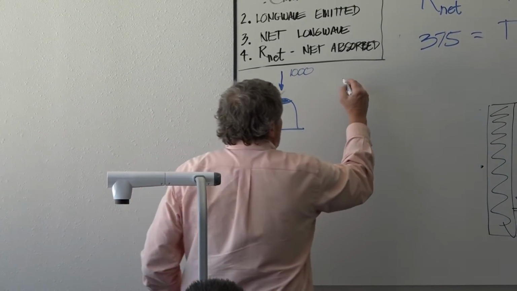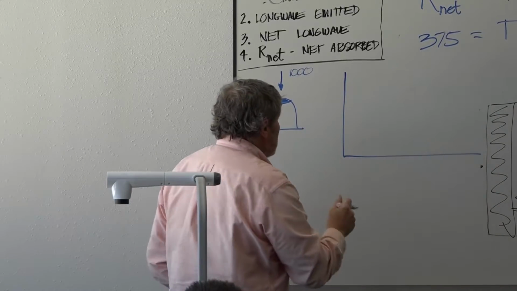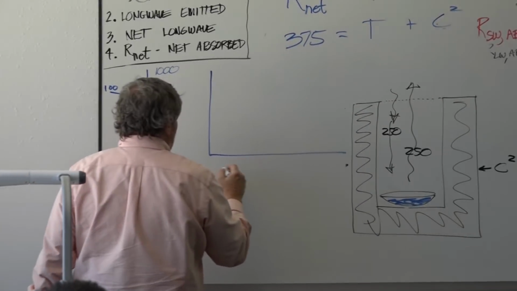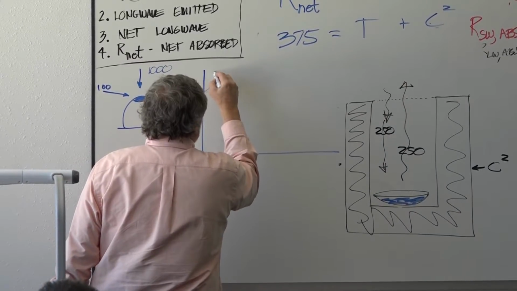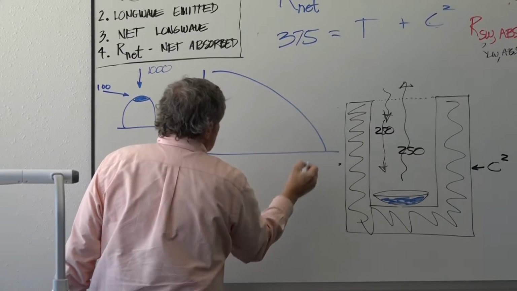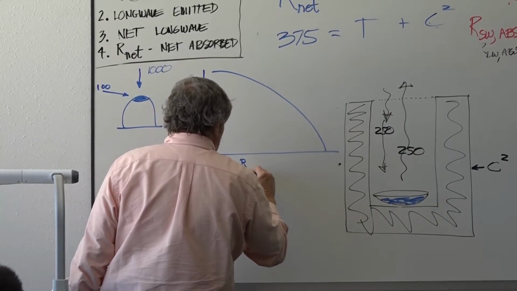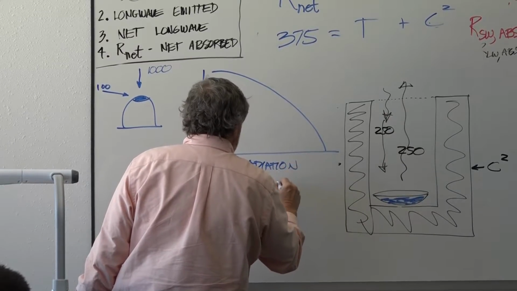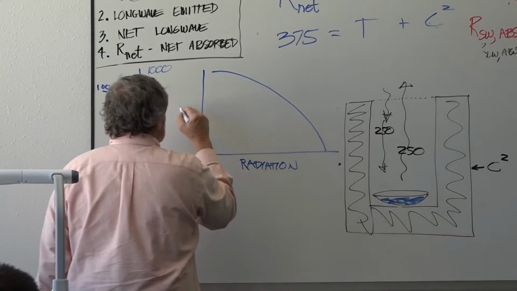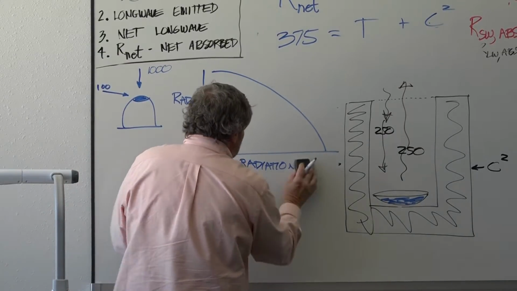So if we make a graph of this, there's one of these graphs on the Apogee website. I have to think this goes like this, and I think this graph is, let me see. Nope, this is radiation here, and this is angle.